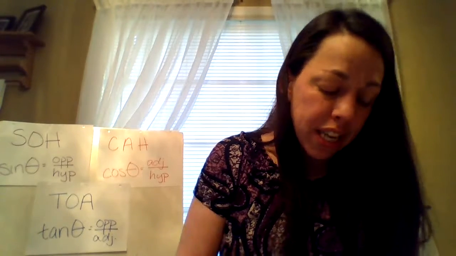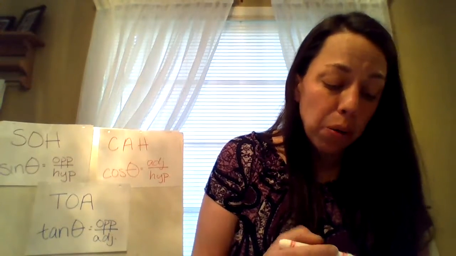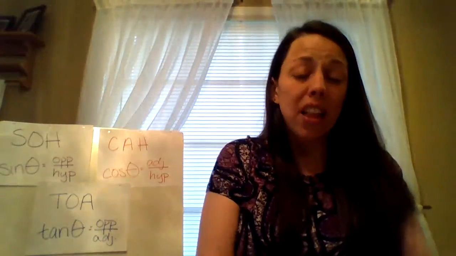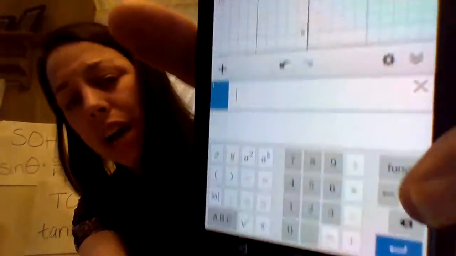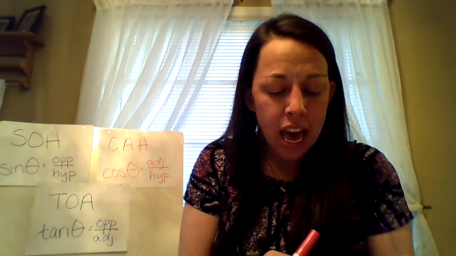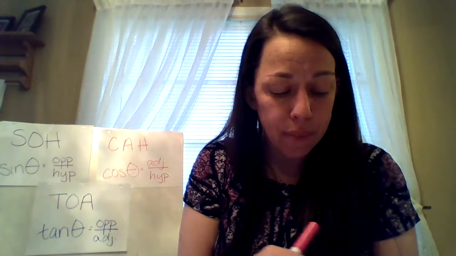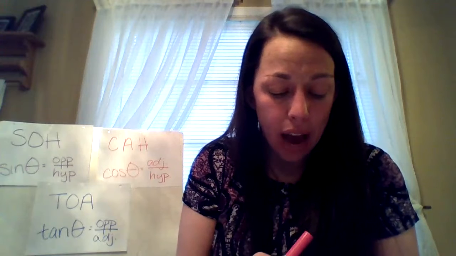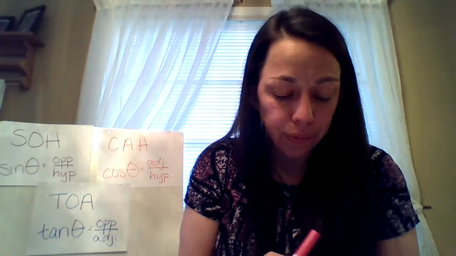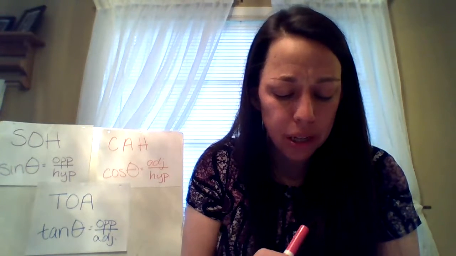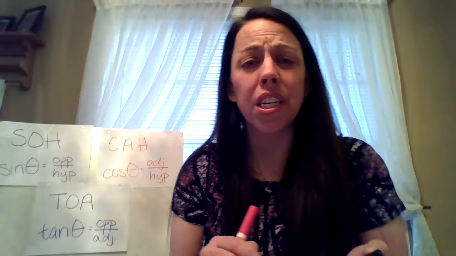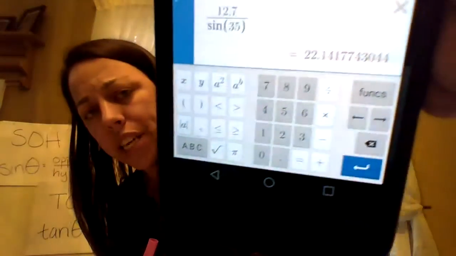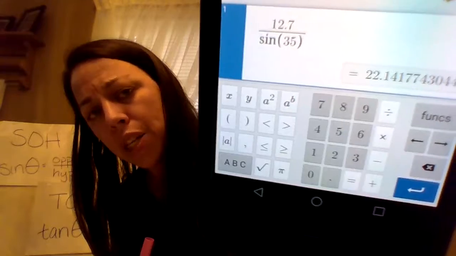And once again, if you're using Desmos, to get divided by, hit that button at the top. I think you guys know which one it is. It's going to make it look like a fraction automatically, exactly how I have it written right here, except it usually puts the trig function in parentheses. So right there, if you can see it, 12.7 divided by the sine of 35.